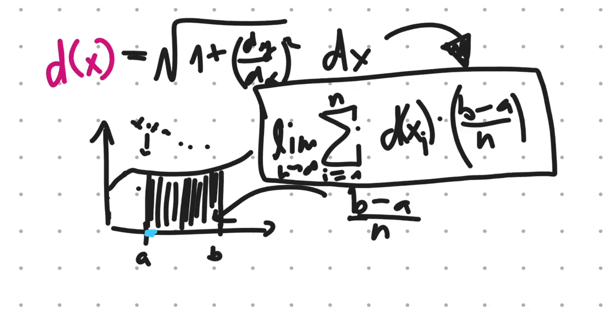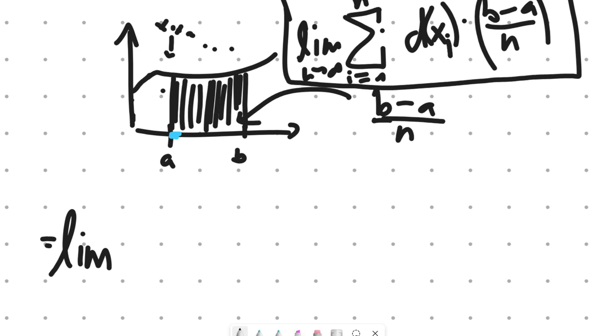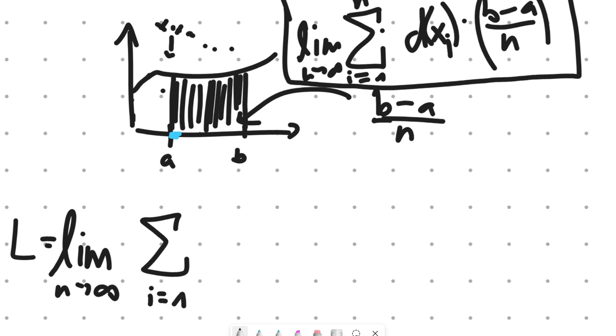So now, I'll write the whole thing again. The length will be the limit as n approaches infinity of the sum, where i goes from 1 to n, of b minus a over n times the function d of xi, which will mean that we are going to put the xi in each of the x's.